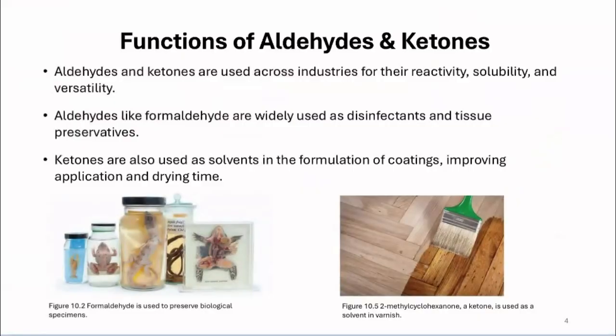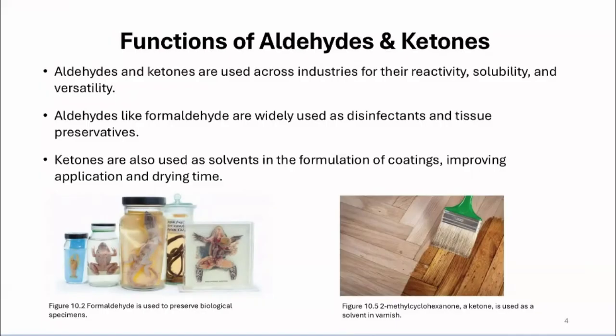Aldehydes and ketones are used across industries for their reactivity, solubility, and versatility. I just mentioned that formaldehyde is the simplest aldehyde, and it is a compound that is widely used as a disinfectant and a tissue preservative. We can see in figure 10.2 where formaldehyde has been utilized to preserve biological specimens.